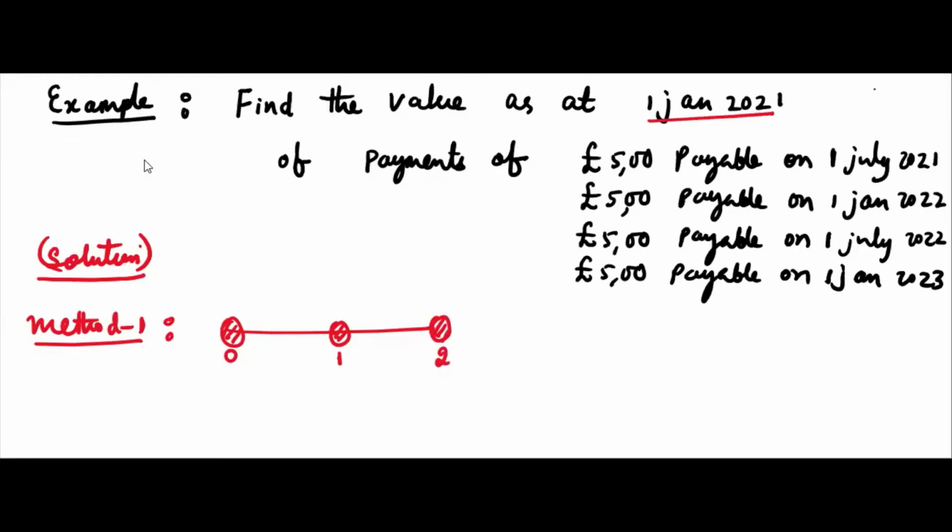Let me write all the payments. 500 here, 500 here, 500 here, and 500 here. In the notation for the present value, that was 500 a angle 4.